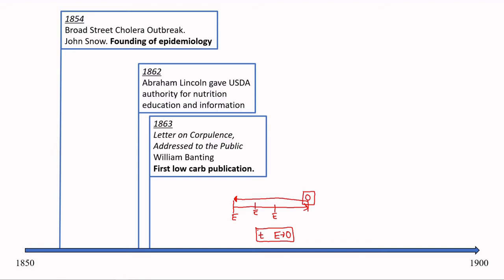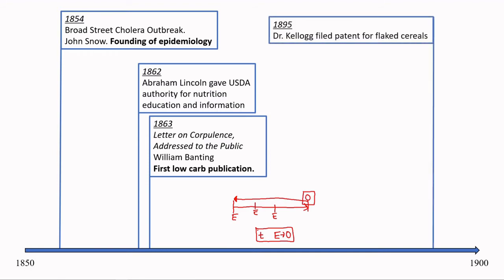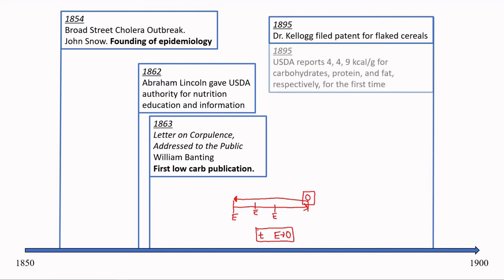However, really evidence-based medicine, as we think about it today, would not recommend one or the other at that time. There was really no other data to recommend either a low-carb or low-fat diet besides anecdotal data. In 1885, Dr. Kellogg filed the first patent for flaked cereals, which we will discuss more in the early 20th century.